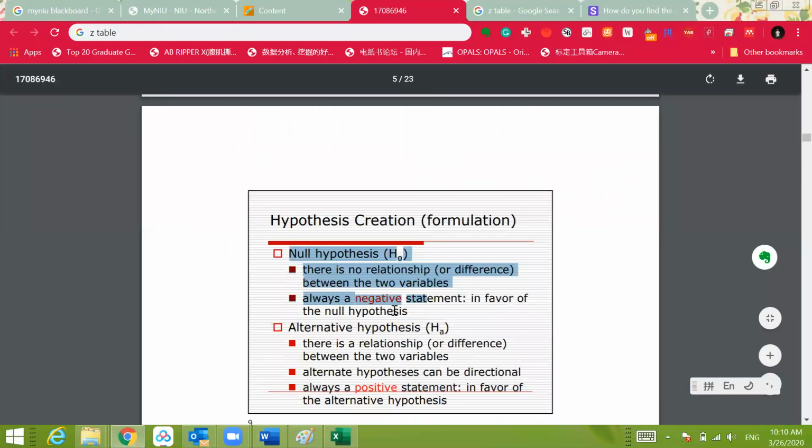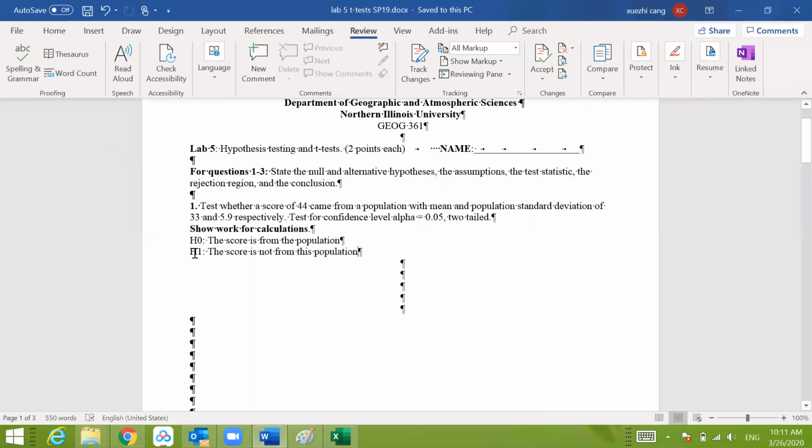If you only use the statement in the lecture, which says the null hypothesis is always the negative one, and you only go after this sentence, you may think the H1 should be the H0 because we have "not" here: the score is not from the population.